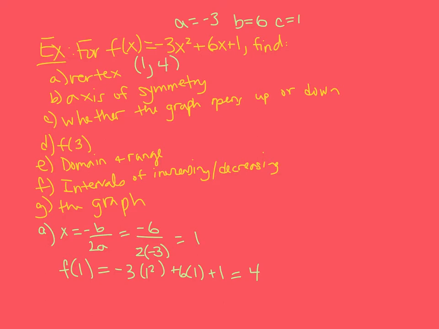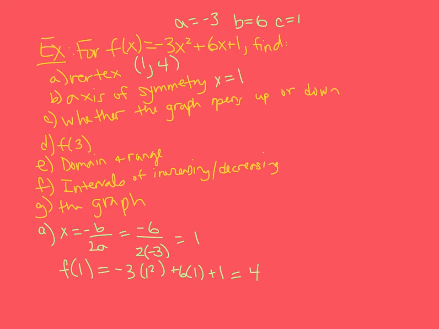So that's my vertex. Actually, the axis of symmetry is going to be the same as the x coordinate of the vertex. It has the same formula, so I don't even need to do any work. I know that it's an imaginary line at x = 1. For part C, I asked you whether the graph opens up or down.